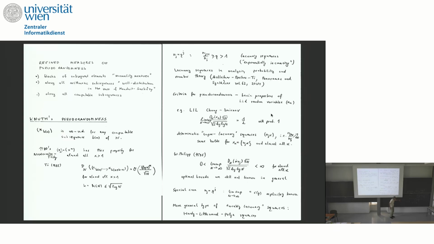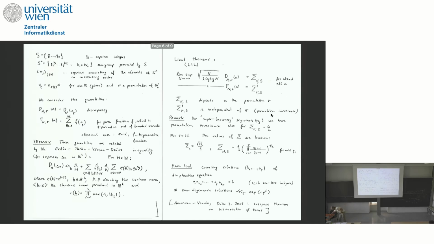So usually here you get discrepancies 1 over log n. Not log n over n, 1 over log n. So very big discrepancy. In the probabilistic way, you get at least 1 over square root of n times some double log factor. Okay, and I will give now very new results on this in this area. You see, normal numbers are related to exponential sequences.